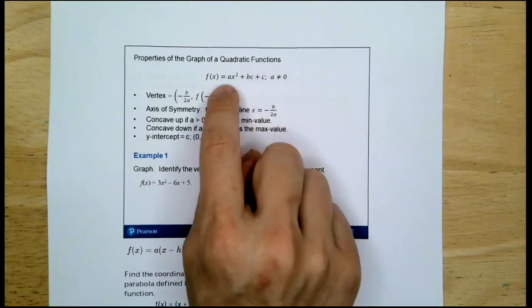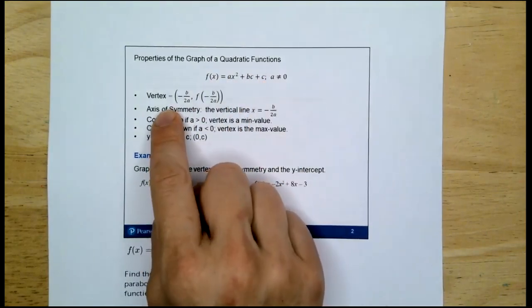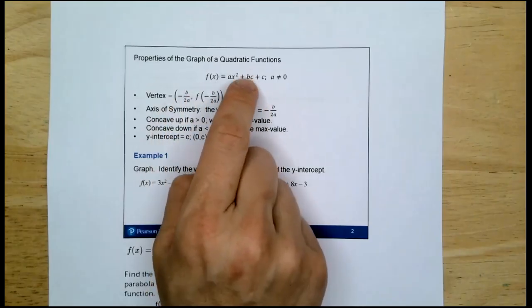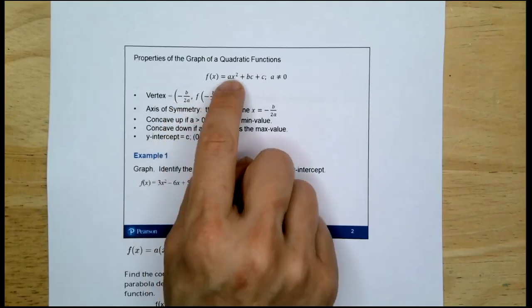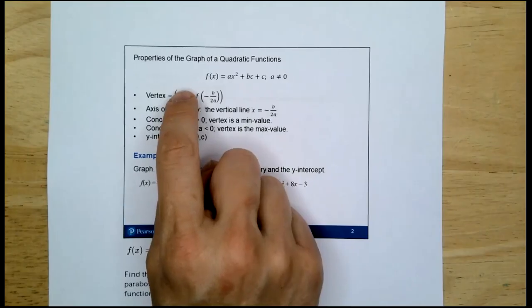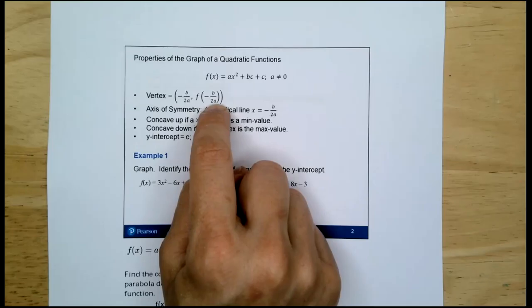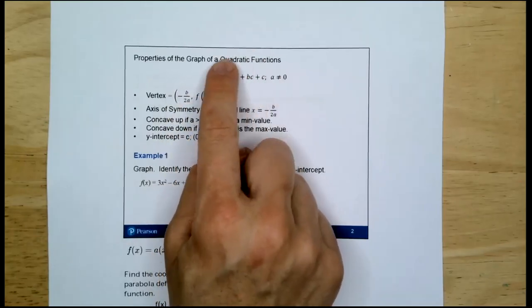In standard form, you will find the vertex by substituting negative whatever your b value is, divided by 2 times whatever your a value is, as the x value of your vertex. And the y value of your vertex will be found by putting that x into your original equation.